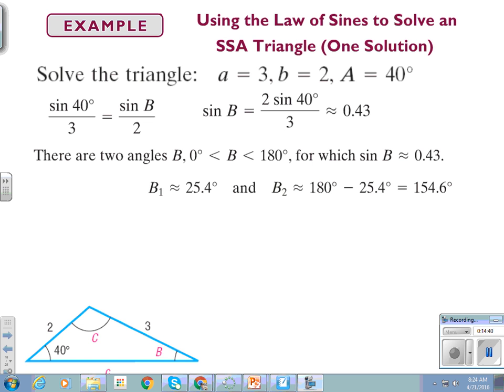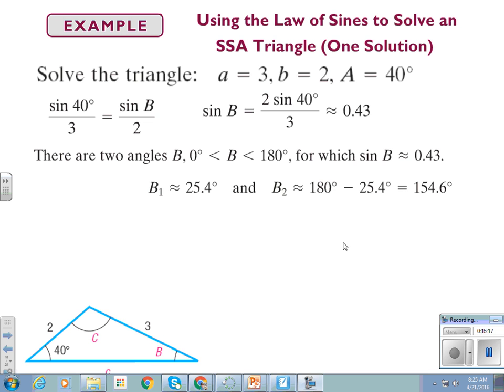So if we do the test where we go b sine of theta, so 2 times the sine of 40 degrees, we get 1.28, so 1.29 if I'm rounding to that place. So that puts us in the scenario of a being greater than b sine A. So I have two possible triangles.